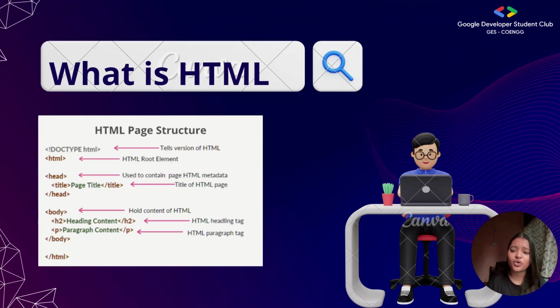And we have the formal structure of an HTML web page. The image you see is the basic structure of any website that you see on the screen. This is contained in every website. The first line tells us which version of HTML we are using. The second line tells us that from the HTML tag, your HTML document will start.